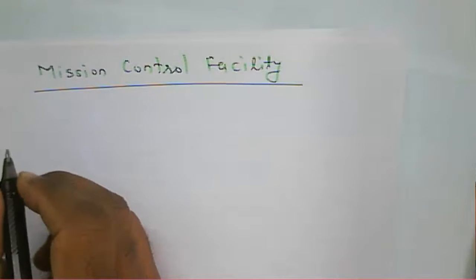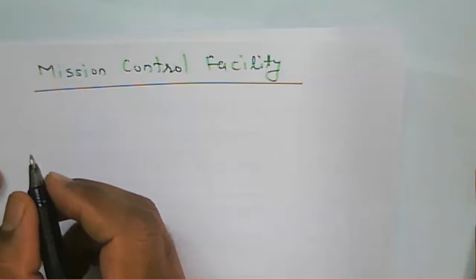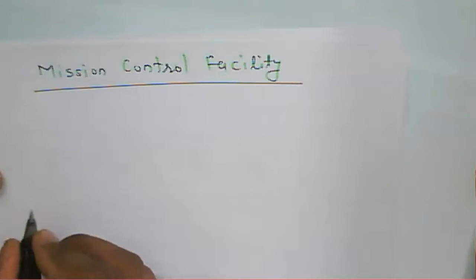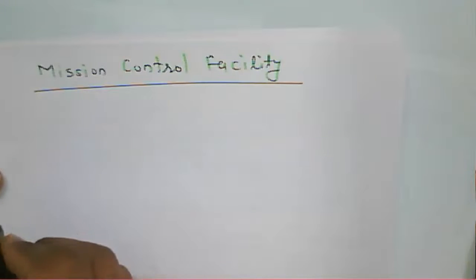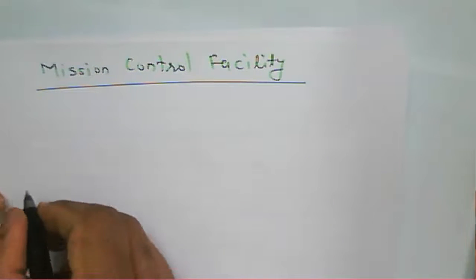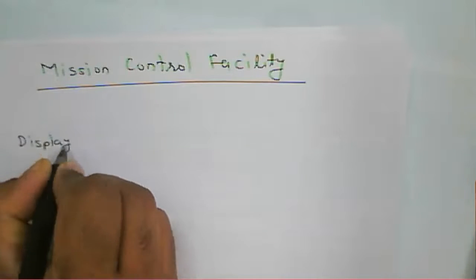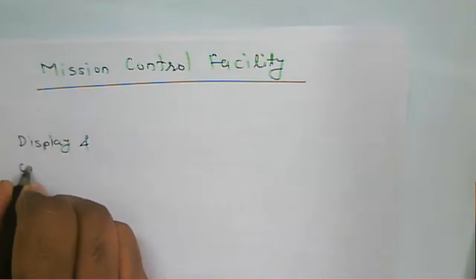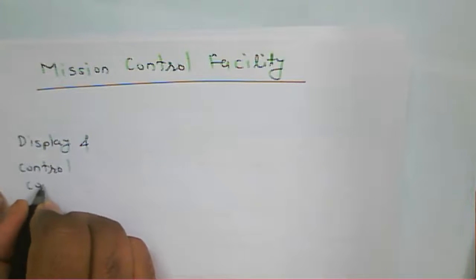We say here, what are the stages of a satellite mission from a mission control facility with respect to the Earth station. We say here display and control console.